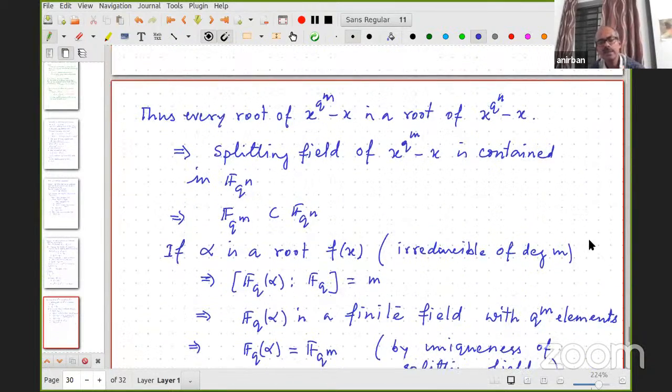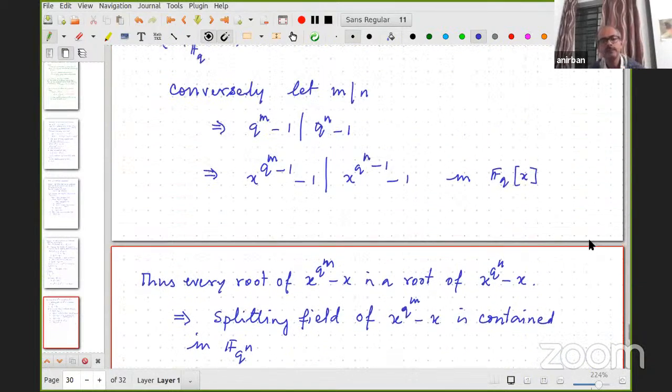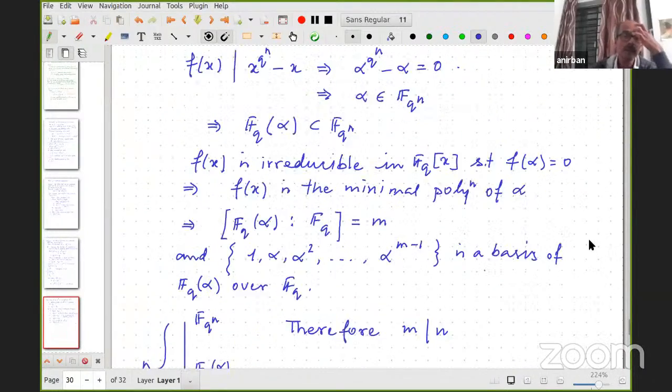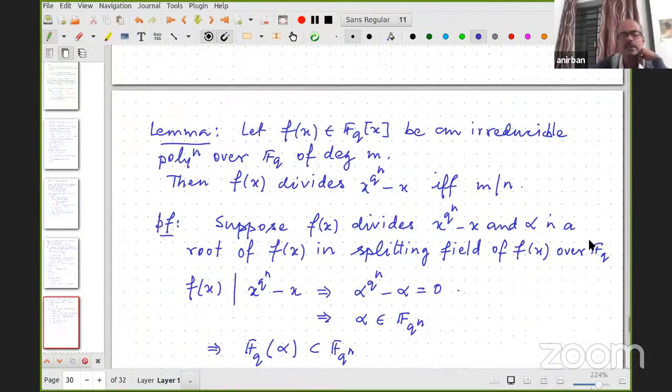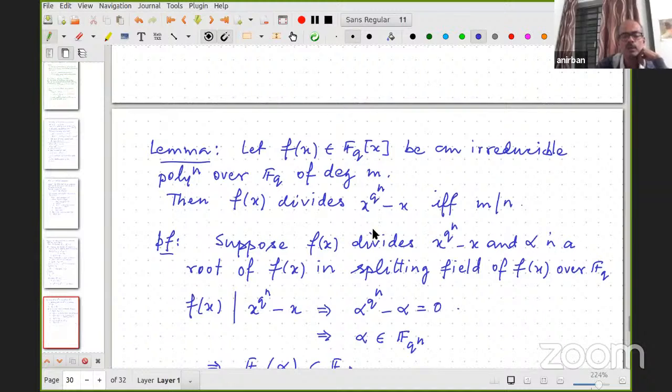And so the interesting thing here is that this polynomial is really very special. Every irreducible polynomial divides it. It just depends on the degree: if the degree of that irreducible polynomial divides n, then it divides it.